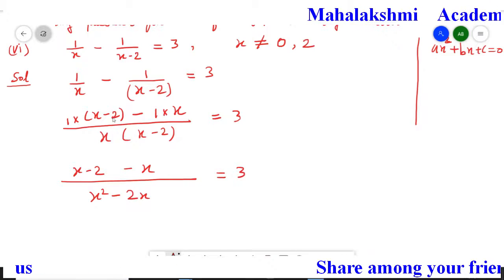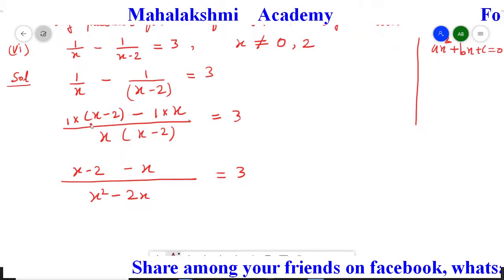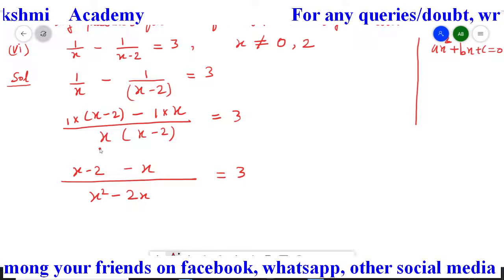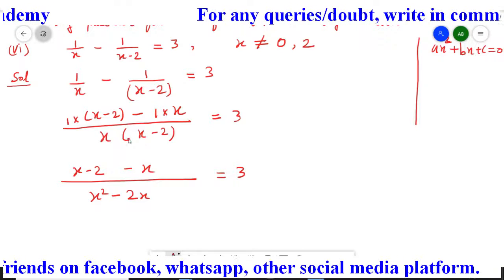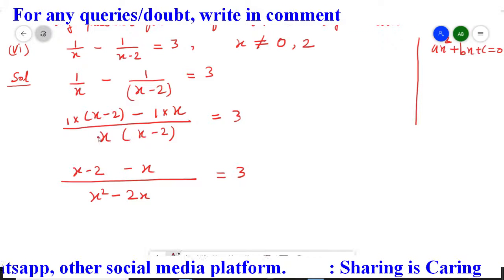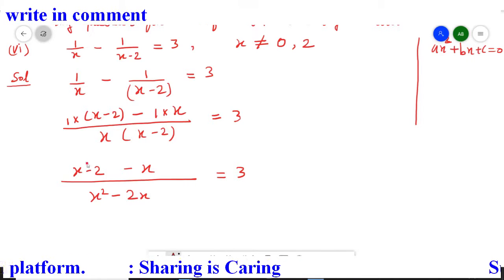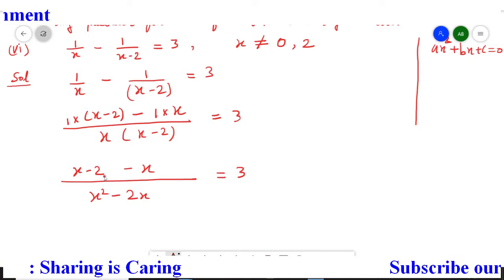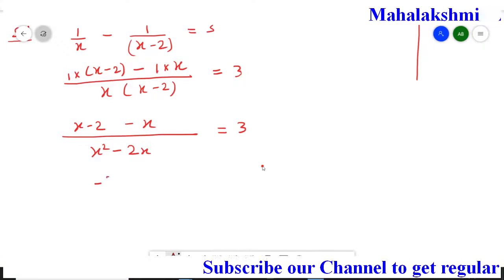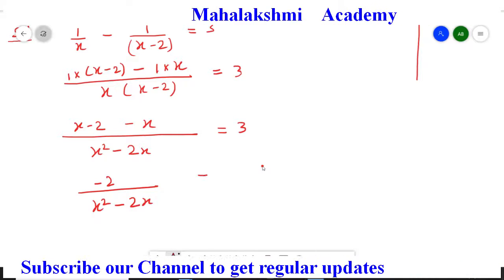Now x multiplied by 1 is x, and in the denominator when you multiply the bracket by x, each term will multiply. So first x into x is x square, then x into 2 is minus 2x, then this 3 as it is. Here this x and x will cancel each other, so we are left with only minus 2. So we get minus 2 upon x square minus 2x is equal to 3.